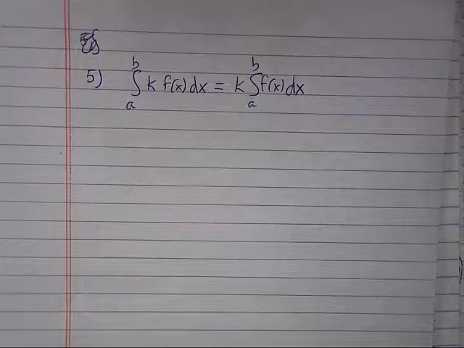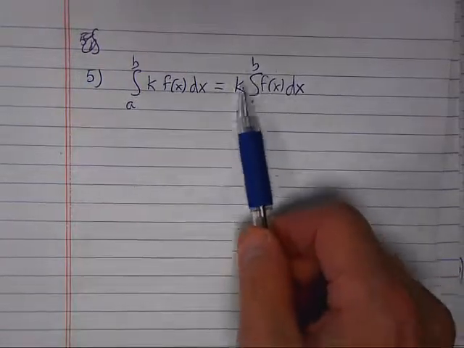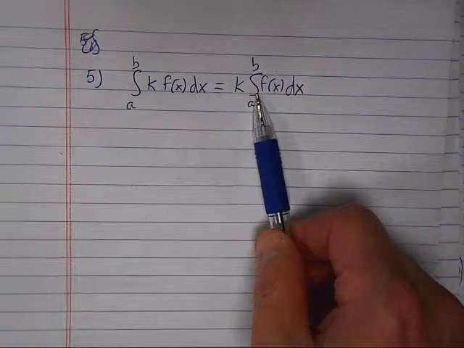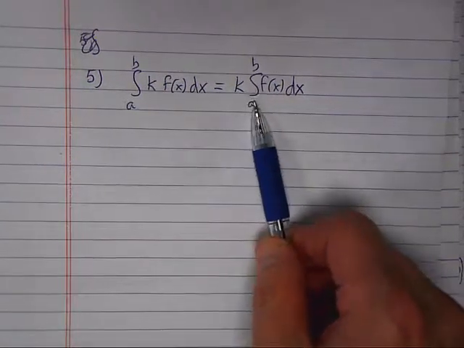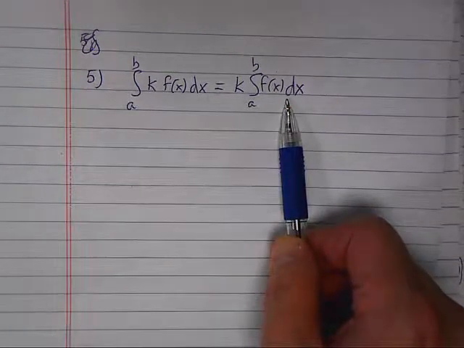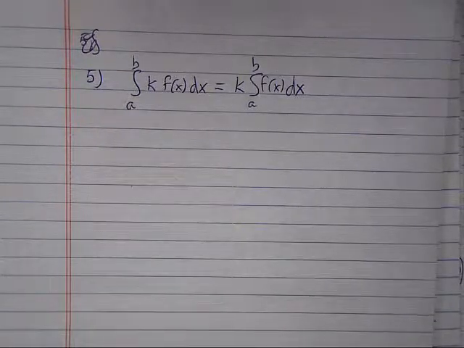What's that rule saying? It's a distributive property, isn't it? Because remember what this integral symbol means. This integral symbol really means we're adding up a whole bunch of stuff. So if I take k and I have it out here, that's fine. But if I move k in, I'm really just distributing it through the summation. That's really a fancy way of writing the distributive property. That's all that is.